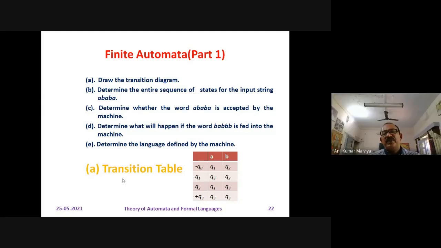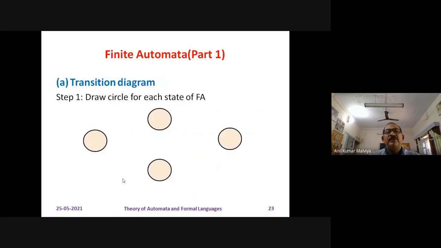You can see in this transition table there are 4 states. What are the states? Q0, Q1, Q2, and Q3. Is it clear? So first we draw 4 circles on the paper. This is the first step.